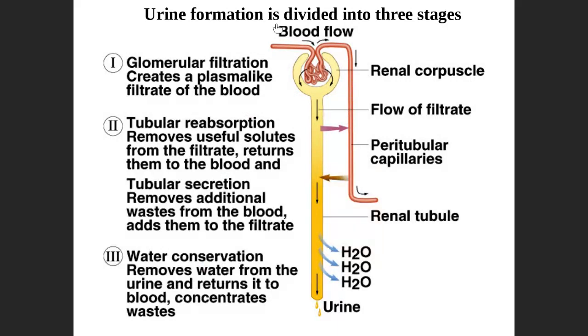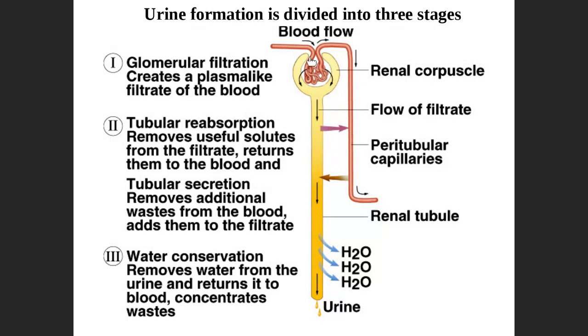Urine formation is divided into three stages, you can see here: filtration, tubular reabsorption, and secretion. The first stage occurs here, between the glomerulus and the Bowman's capsule. Tubular reabsorption occurs here in the proximal convoluted tubule.